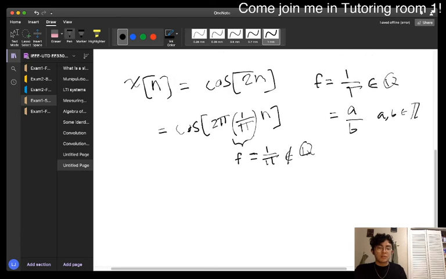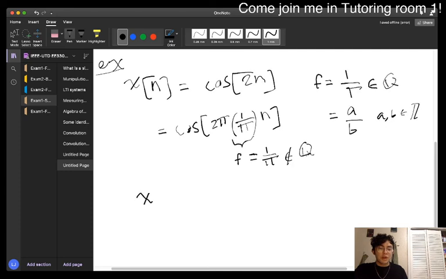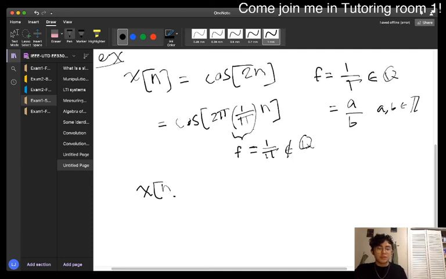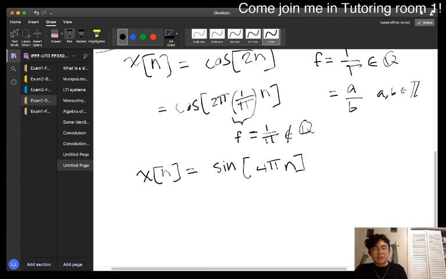This is the case where it's a discrete time signal. Now a question is whether this signal will be periodic: sine of 4 pi n. We need to factor it into its canonical form, so we factor out a 2 pi in that argument: 2 pi times 2 times n.